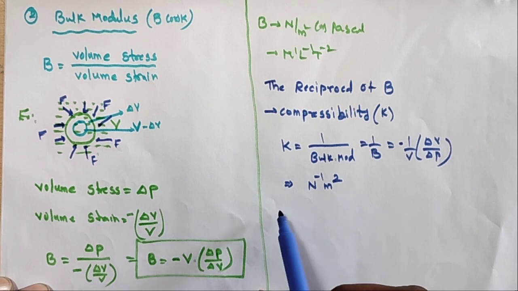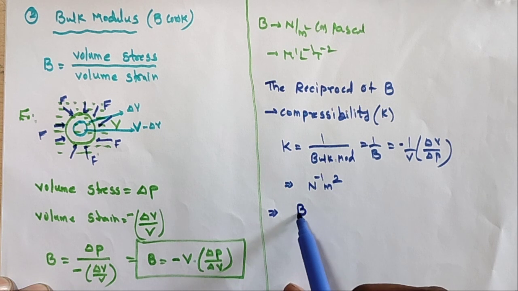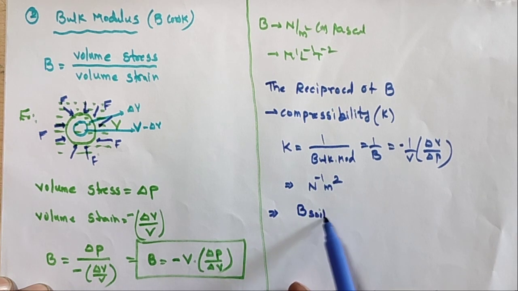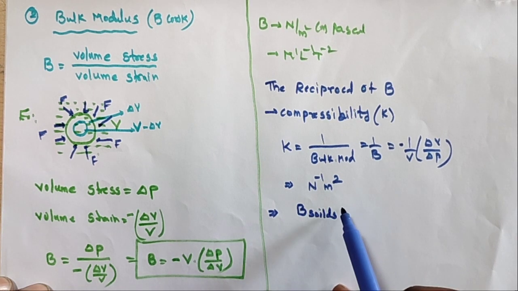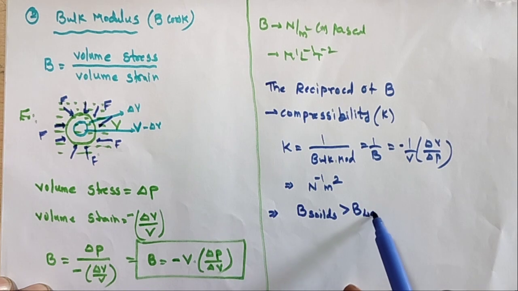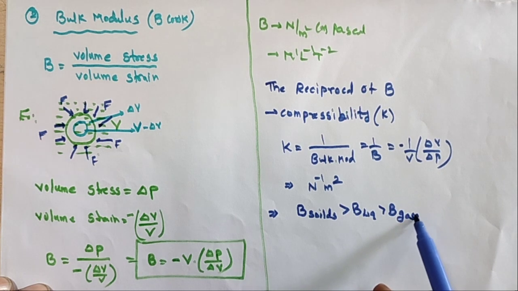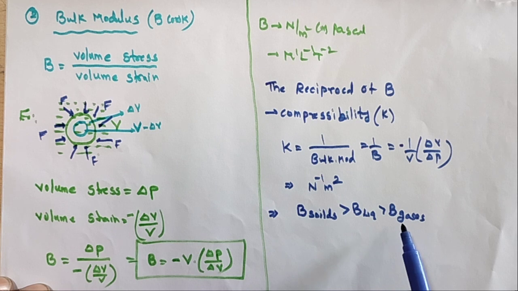This bulk modulus is applicable to solids, liquids and gases. In solids the bulk modulus is more, in liquids it is less, and in gases it is very less. That means the compressibility in gases is more, and their bulk modulus will be less.